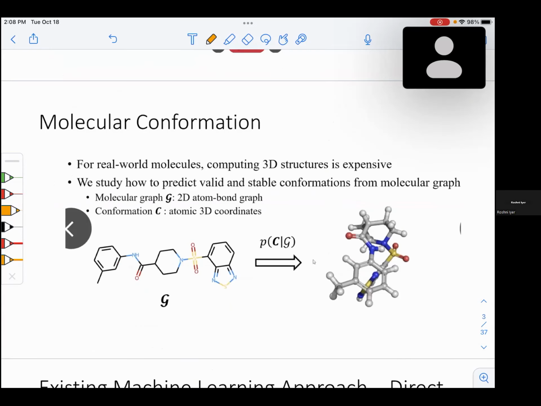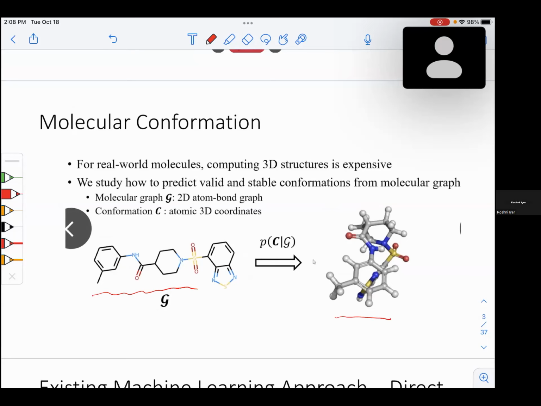For real-world molecules, directly computing 3D structures from the 2D molecular graph is expensive. So recently, people have started trying to train a machine learning model that takes a 2D molecular graph as input and directly generates its molecular conformation.